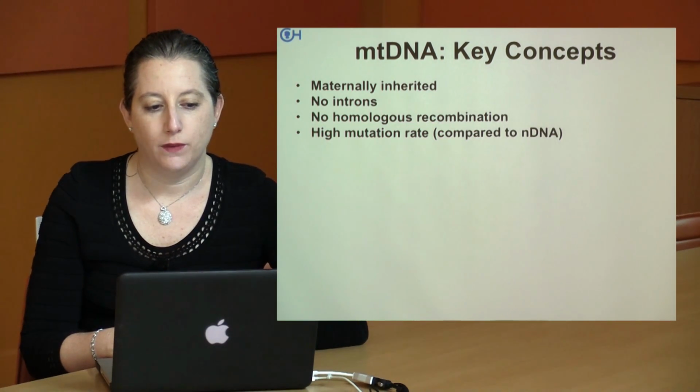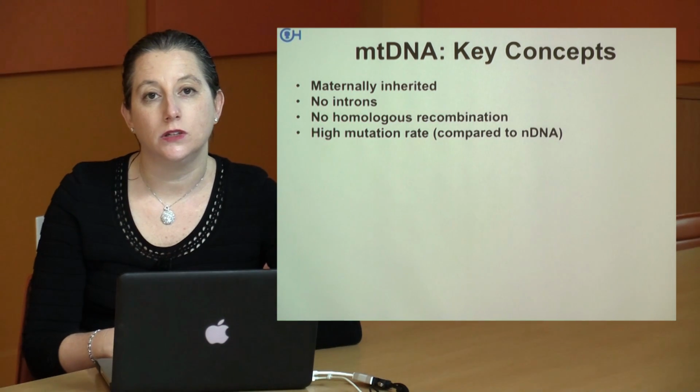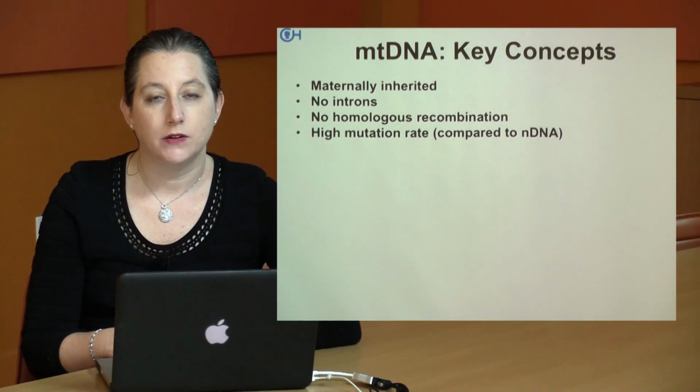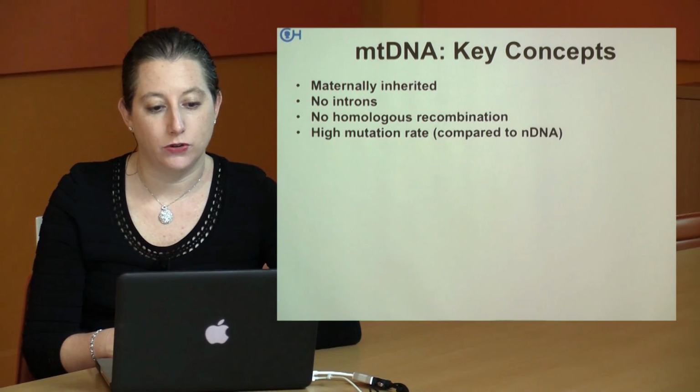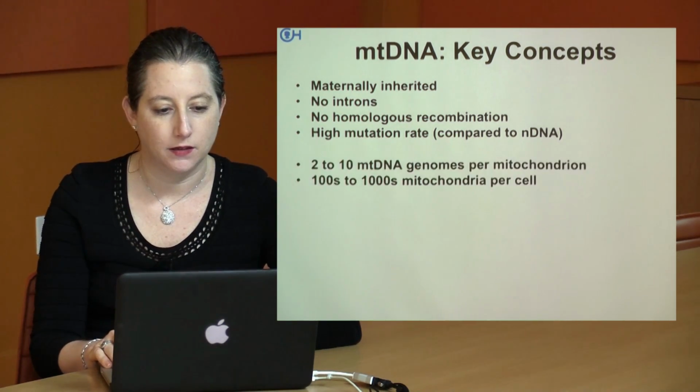Potentially, this protects from altering the very essential, most core subunits of the mitochondrial respiratory chain that are encoded by mitochondrial DNA. However, there is a high mutation rate compared to the nuclear DNA within the mitochondrial DNA, potentially due to the increased oxidative stress within the mitochondrial organelle.